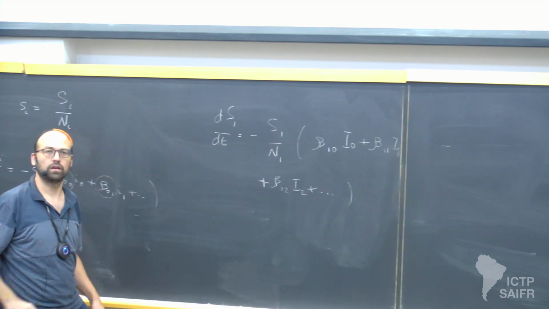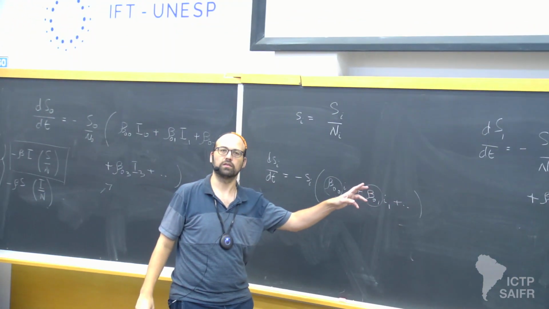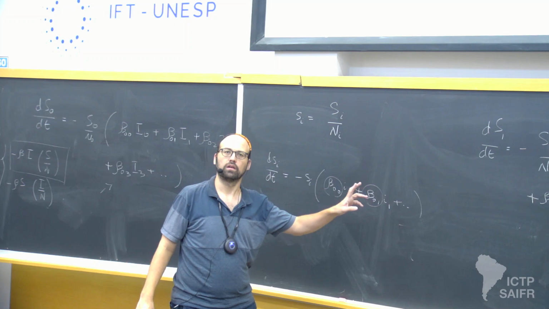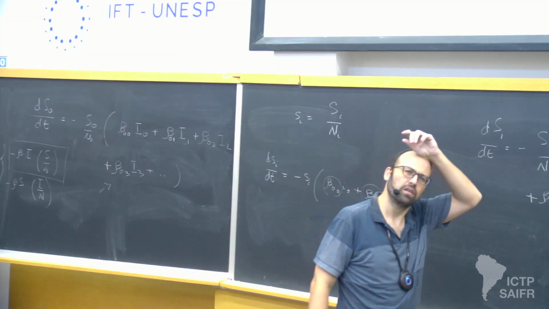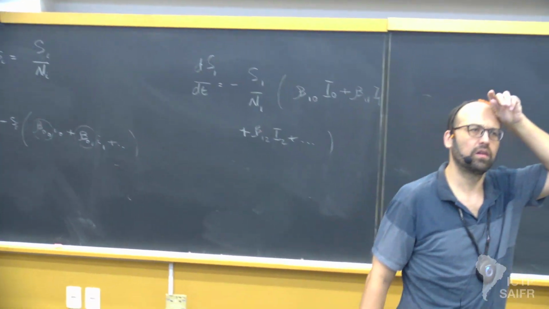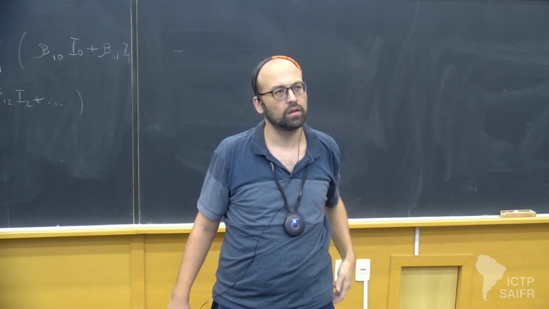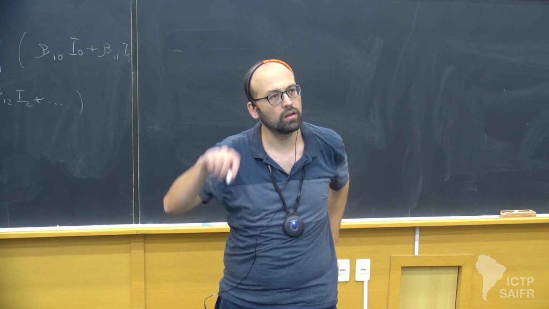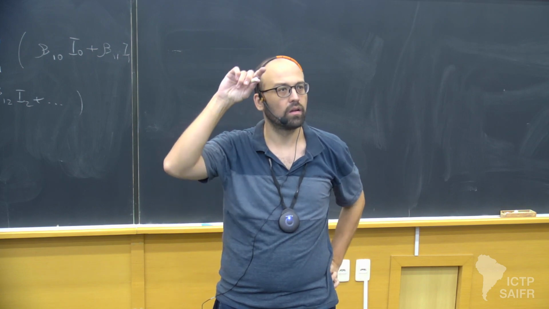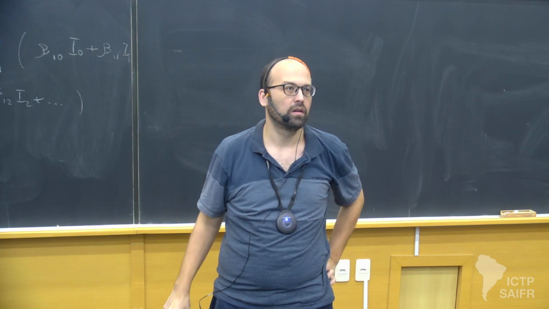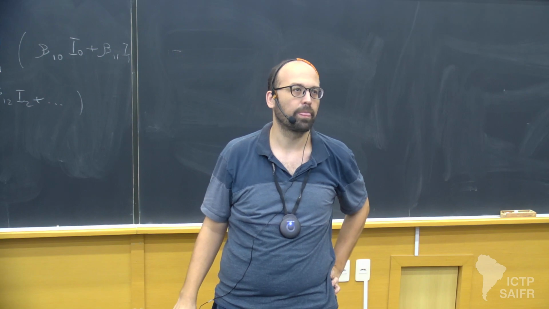You see, beta 0,0, 0,1, 0,2 are infections from class 0. It's fine, but that's like a conditional probability. It's not S0 divided by N0 as the probability to find a susceptible child. Actually, it is the probability to find a susceptible child given a child.